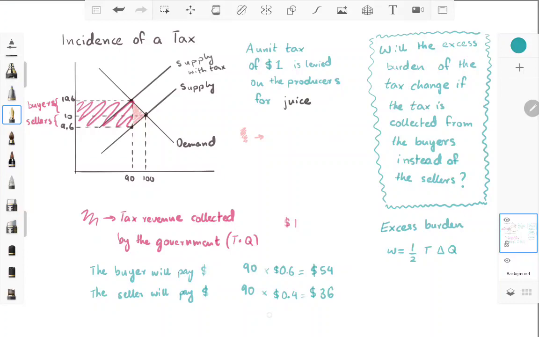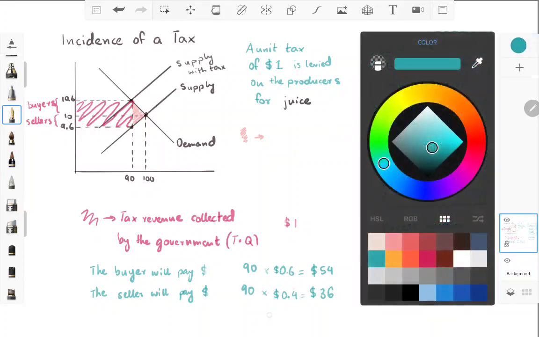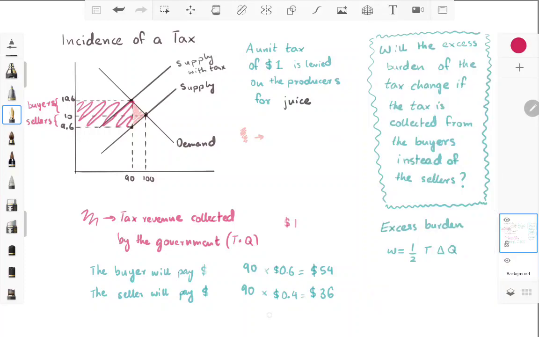And here we see that the total amount of the tax revenue that is collected by the government will be calculated by taking the tax amount, which is $1, and then multiplying it by the quantity, which is 90, the new quantity.